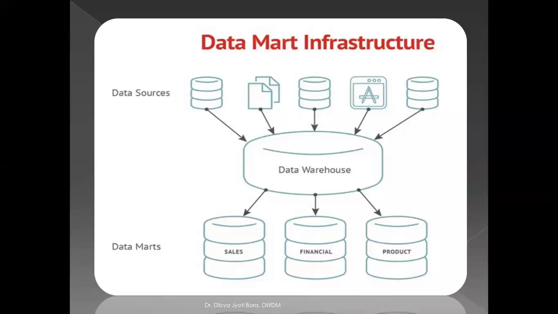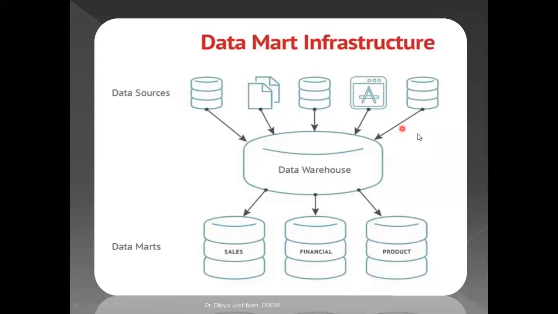Again, let's look at this figure. Data sources, different data sources. Can anybody among you tell me what will come here after the data sources and before the data warehouse? What layer will come here? Sanu, you can answer me, or Barsha, you can answer me.